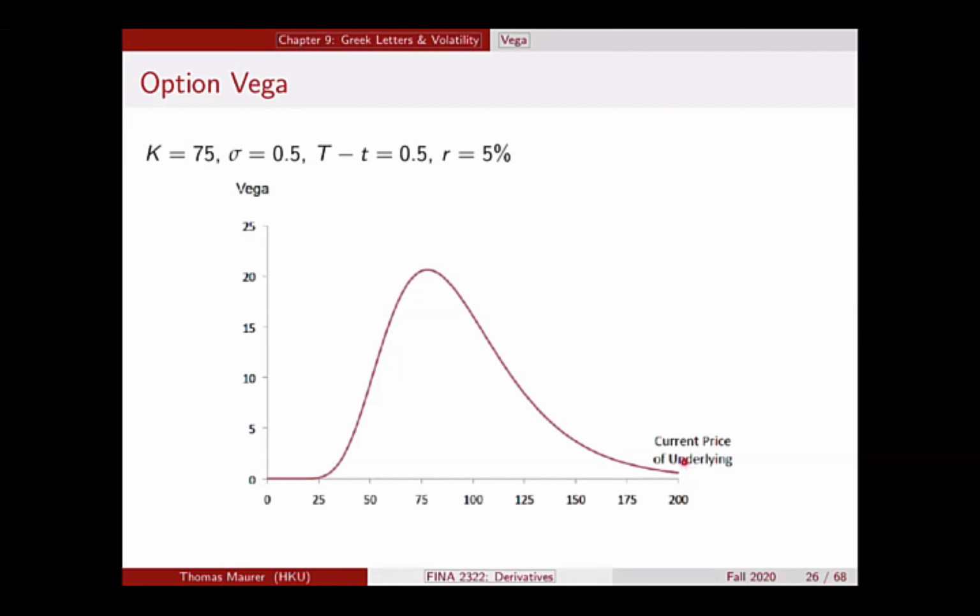Similarly, if you're very deep in the money, then a change in the risk is not going to affect you a whole lot, because anyway you know that you're going to exercise that option, and therefore you basically just know you buy that underlying asset.